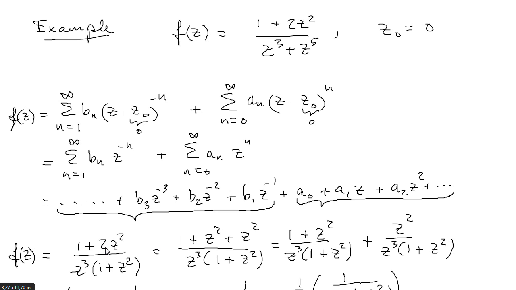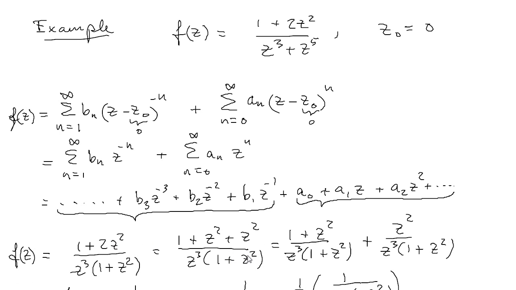I split this numerator in two terms, one term which is exactly the same as this factor, 1 plus z square, and we then miss z square in order to obtain 1 plus 2 z square.